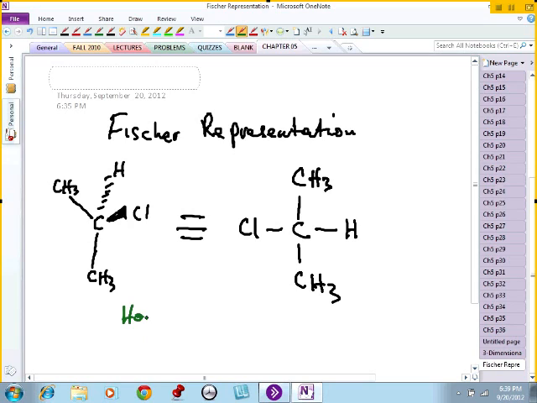The horizontal group... Okay, she says I should explain the Fisher projection, right? Yeah, that's what I want to do now. In the Fisher projection, the horizontal groups are coming at you.